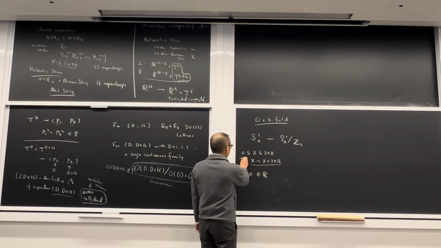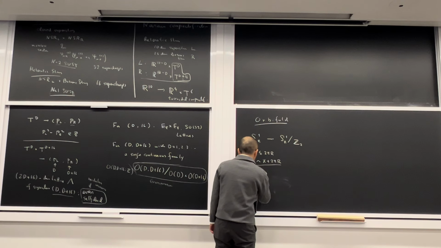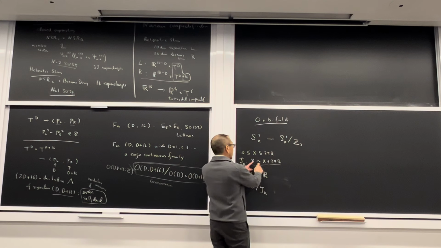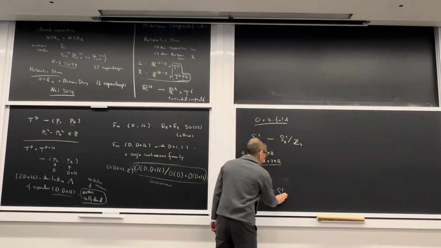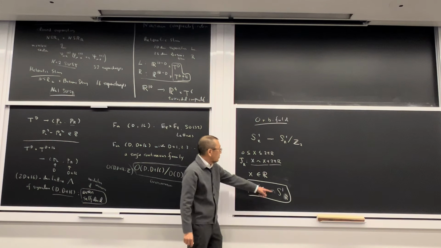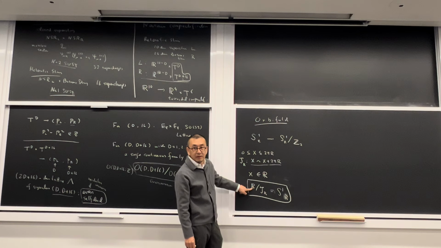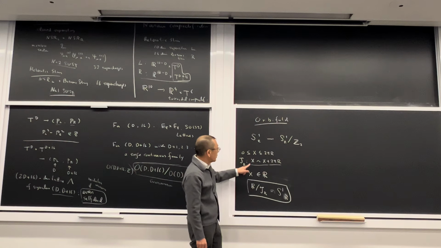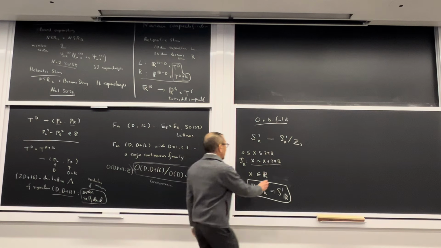I define T to be translation by 2 pi R. Suppose I divide this R by the action of T. Then you identify these two points, and this is the same as a circle of radius R. So in that sense, you can think of the compactification, the string theory living on this circle, as actually a gauge theory, where the gauge group is this discrete group of identification of x by translation. So you can think of this as gauge symmetry.